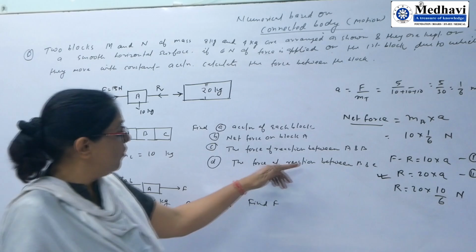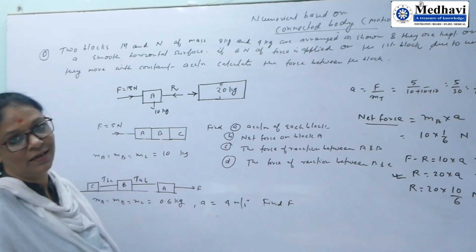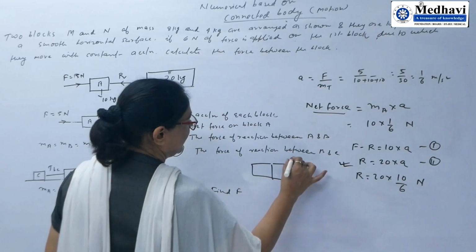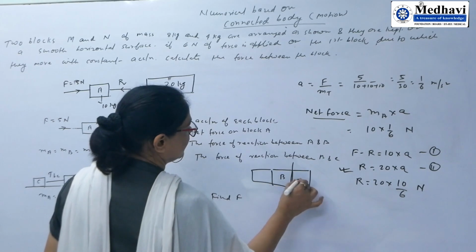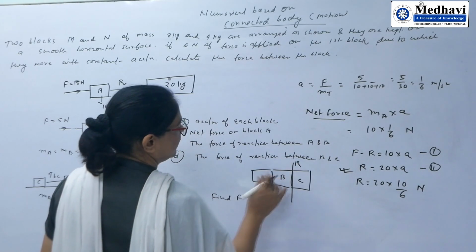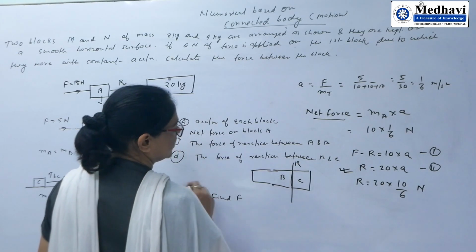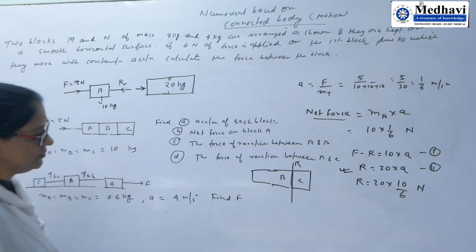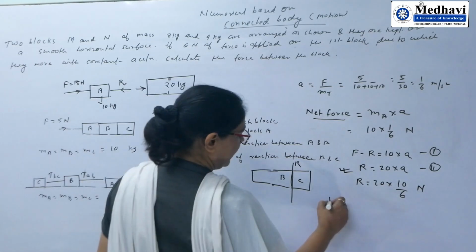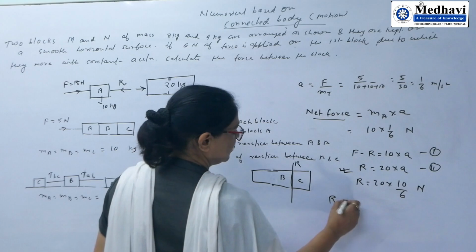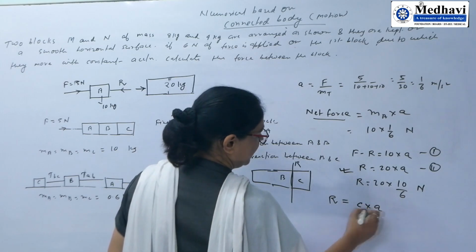When you have to find the force of reaction between B and C, suppose you have to find it here, then you combine this together. So directly we write R is equal to mass of C into A. What is C?